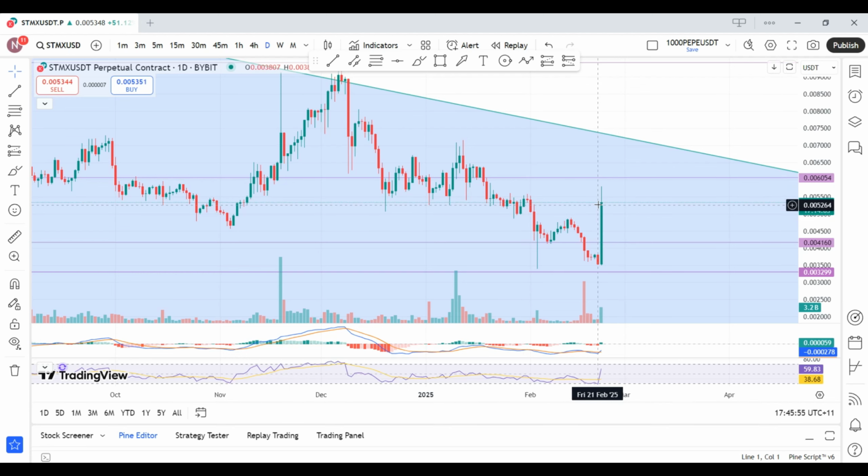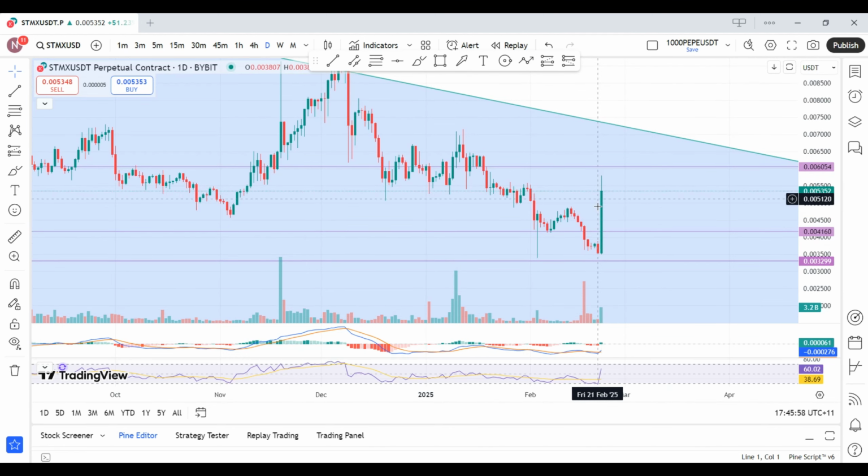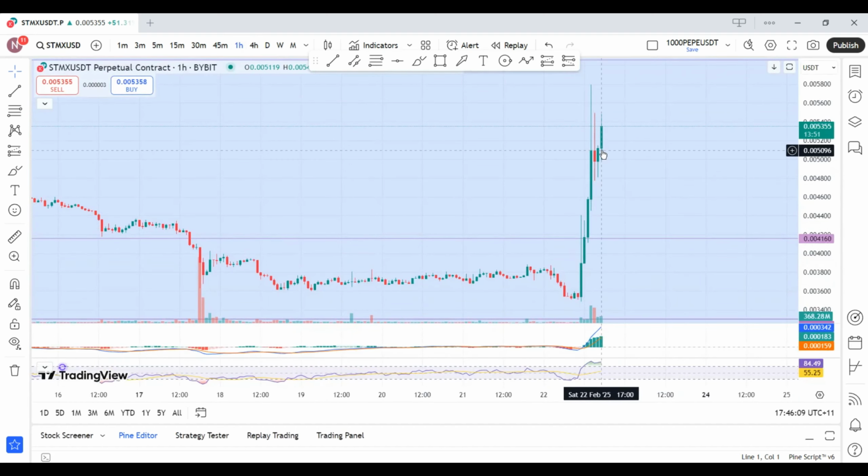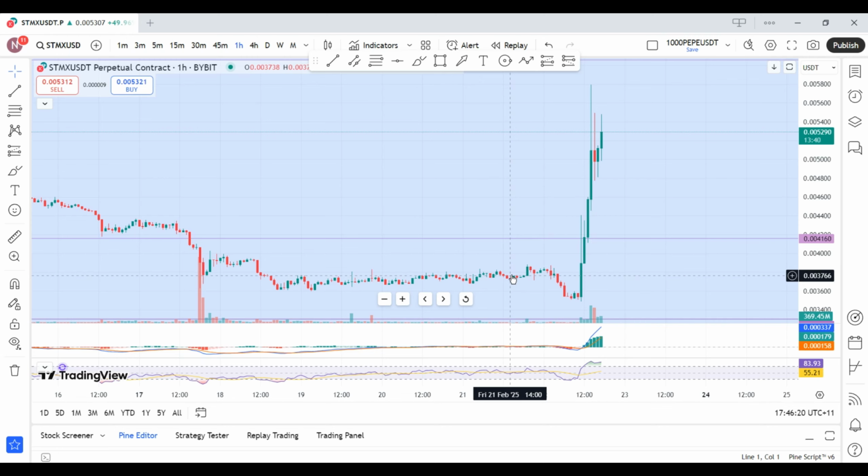At the moment, this one green bar represents one day. If I go to 1 hour, this one bar is 1 hour. So if you go back 24 bars, which is 24 hours, it's basically 24 hours before the current time. So that's how it works.